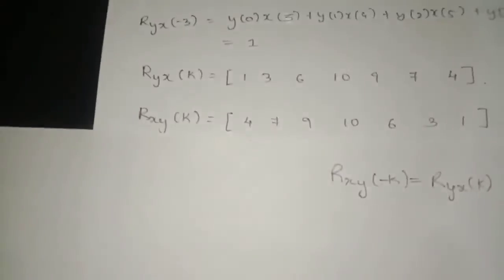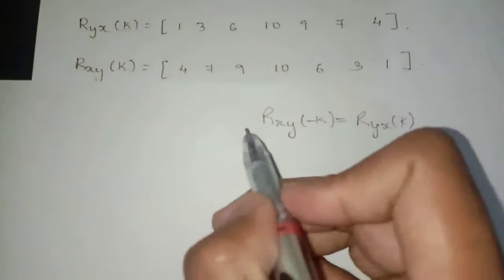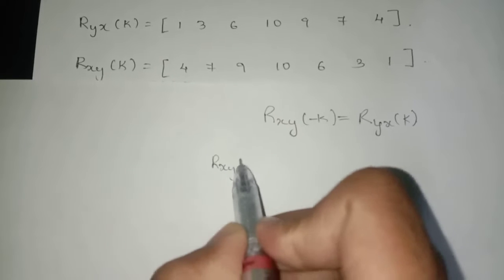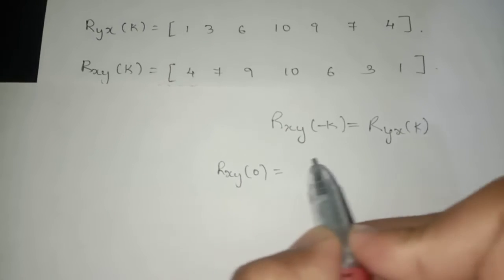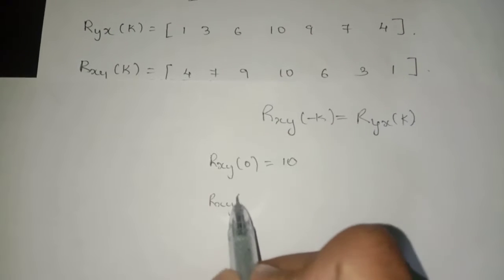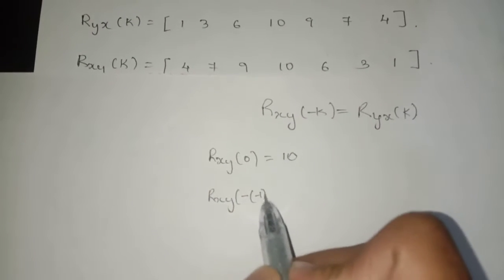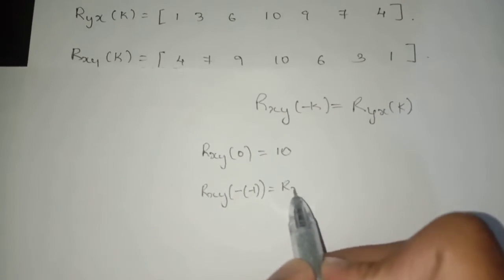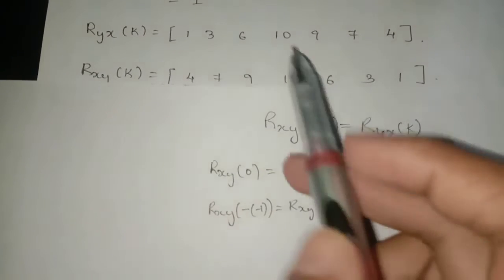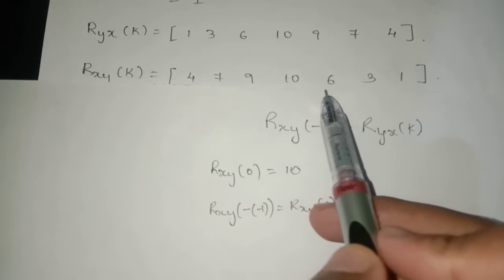As I have earlier tabulated the Rxy and Ryx, so upon substituting the k values, Rxy of 0 will remain the same, 10. Then Rxy of minus 1 will be Ryx of 1. So the Ryx of 1 is 6.